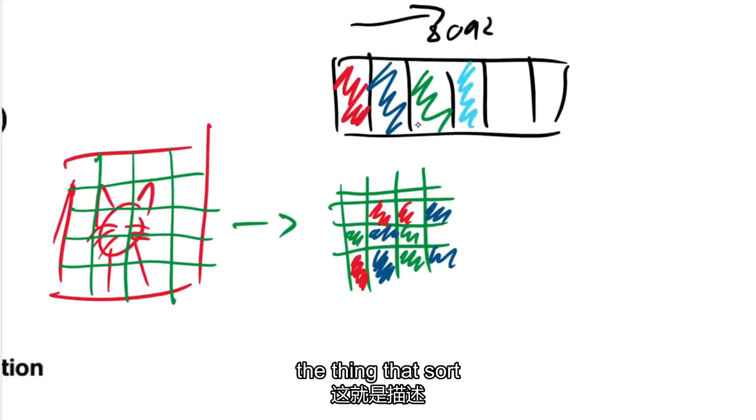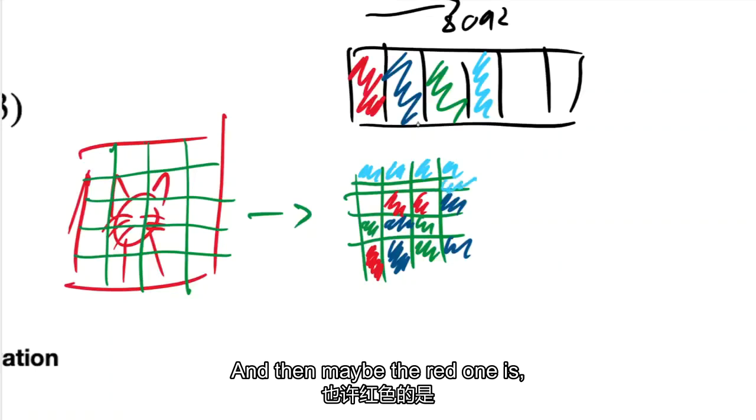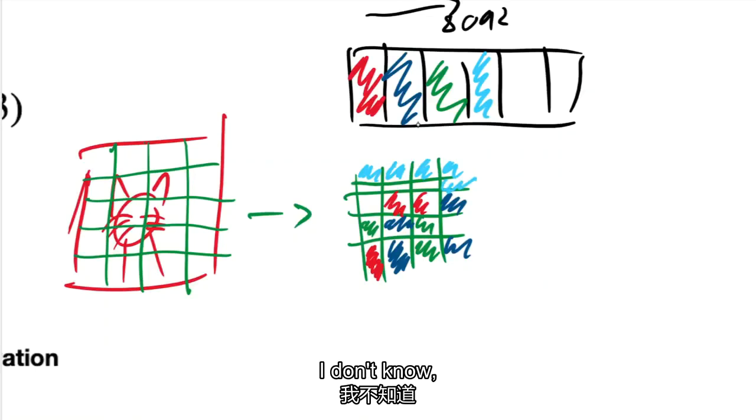So maybe this is the thing that sort of describes sky. So this thing and this thing and this thing and this thing should be approximately sky, right? And then maybe the red one is, I don't know, animal, and the blue one is vegetation, and the green one is something else.